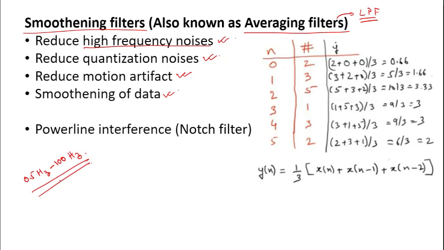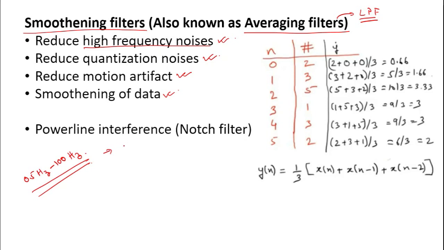So ECG has a frequency range of 0.5 hertz to 100 hertz. We place the electrodes onto the surface, and just beneath the surface there will be some muscles. When there is muscular activity, you will find some high frequency noises.